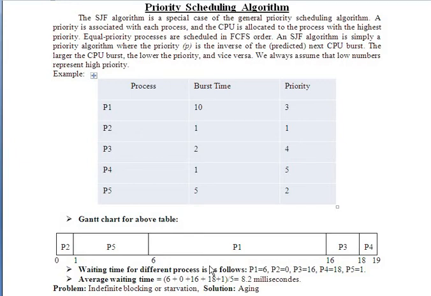This kind of situation, wherein a process is ready to execute but is not allocated the CPU, is called indefinite blocking, or another term we use is starvation. Starvation means the process is ready but has not been given the CPU. Probably this process is the lowest priority process in the whole system. Now it should not happen, because each process in a system should get the CPU. That is the basic idea behind all scheduling algorithms.